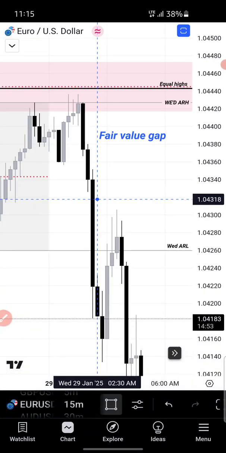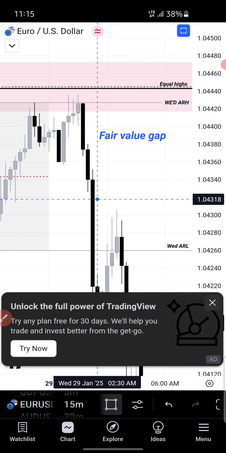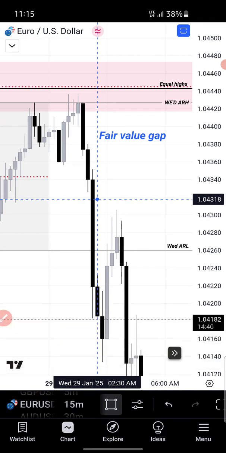And mind you, I'm doing my analysis on TradingView. So if you don't have TradingView, just go to the Play Store if you're using your mobile phone, or download it on your system if you have a laptop or a computer. But now I'm using my phone for this tutorial.